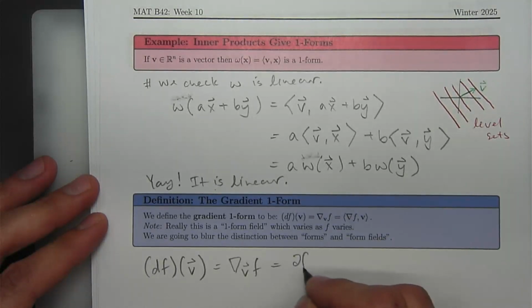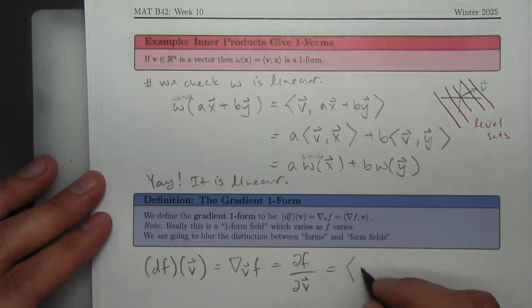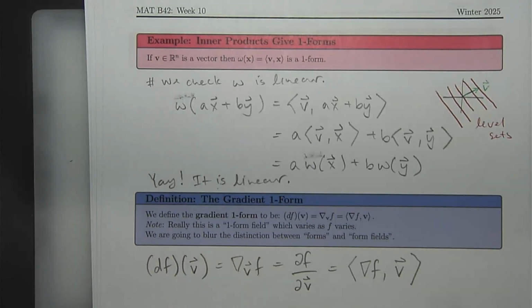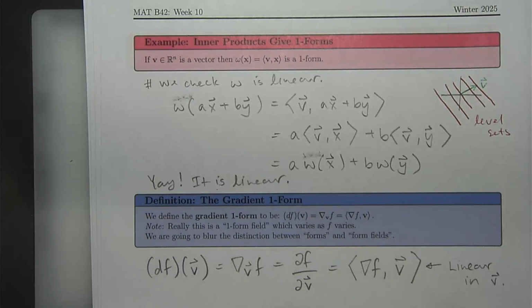Another notation I think we used is this, but it's fine. It's an inner product. Okay. So this will be linear in the argument v. So we'll get a linear thing. Now, this is kind of blurring the distinction between a single one form and a one form field, right?